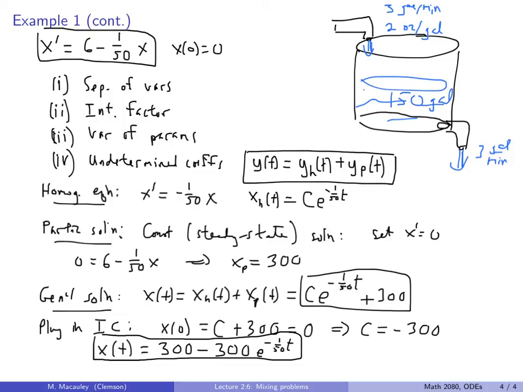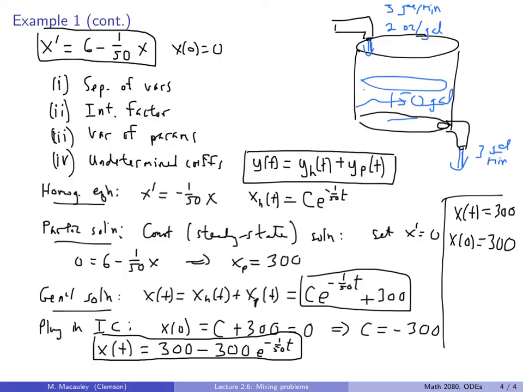So x of t equals 300 happens precisely when our initial condition is that the concentration is 2 ounces per gallon, meaning there's 300 ounces of salt in there.